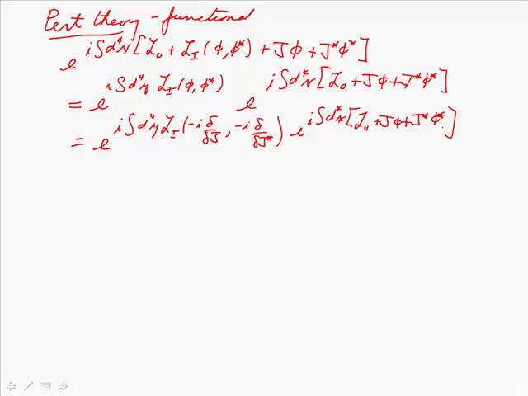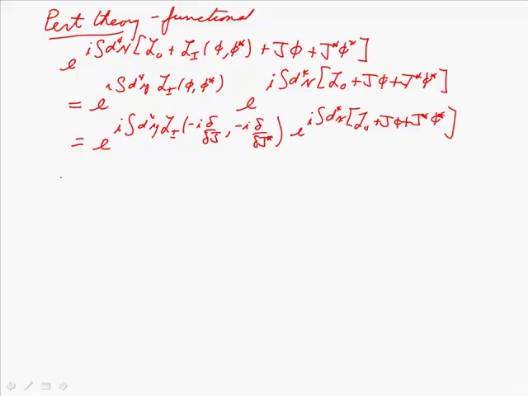So it's the functional trick that variation with respect to j gives you phi when you're acting on that, so that you now no longer have phi there. All you have is what's left there.